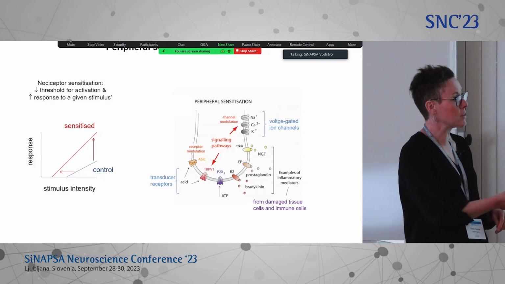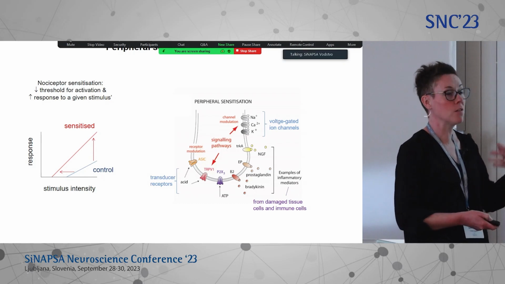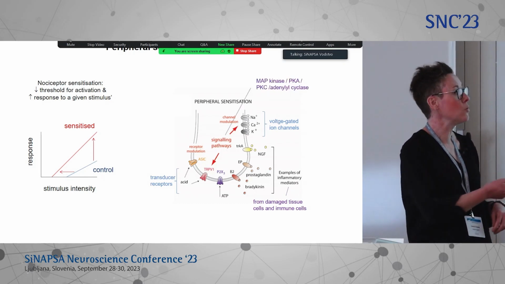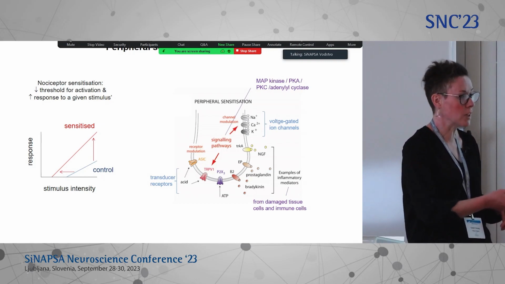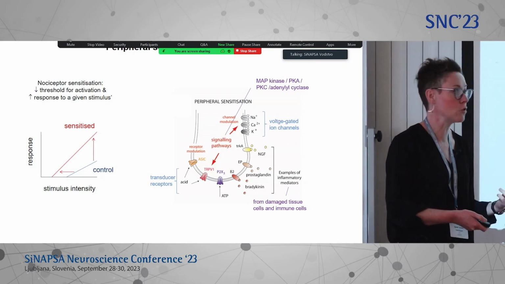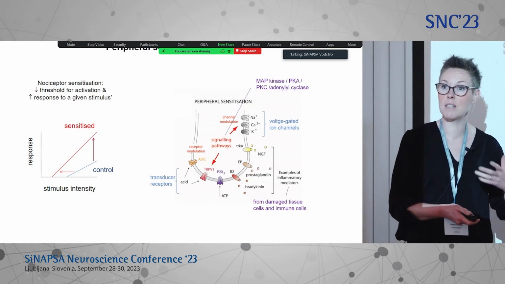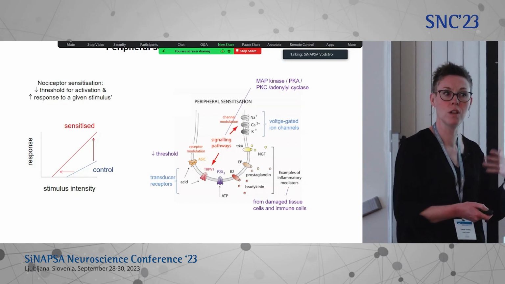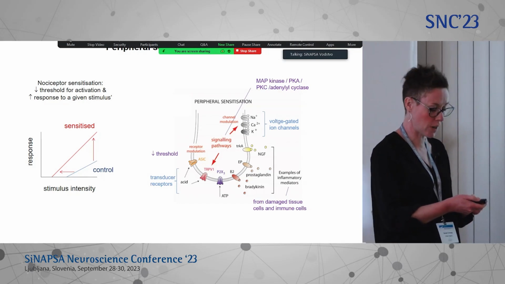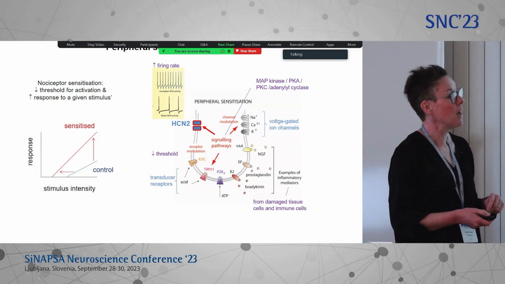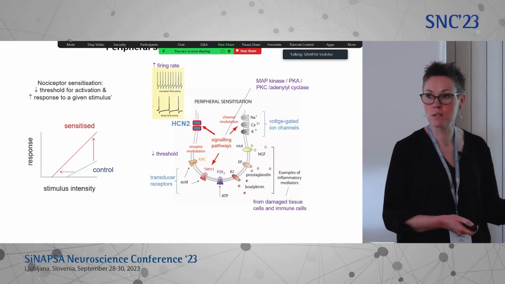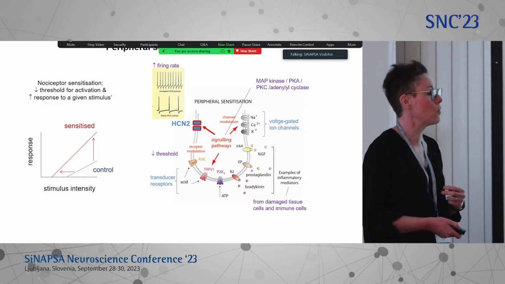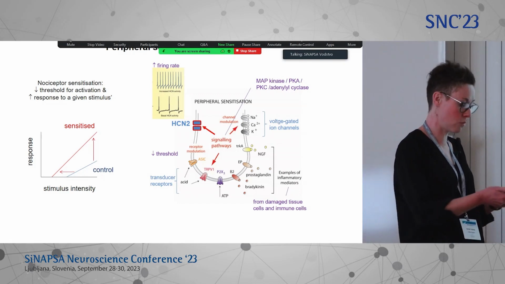And they do this by acting on the receptors that stimulate signaling pathways that drive the phosphorylation and modulation of these ion channels and transducer receptors, and basically make it easier to generate action potentials in the terminals. They lower the threshold for activation. And by modulating ion channels such as HCN2, they can boost the firing rate of the nociceptors and enhance responses.